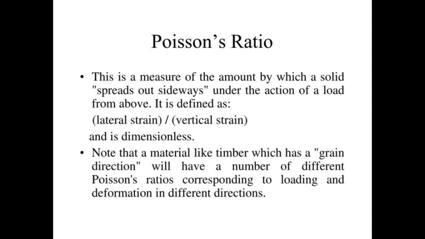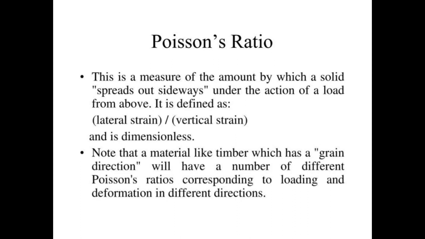The change of deflection in terms of diameter or depth is named lateral, whereas longitudinal indicates change of deformation in length. So lateral indicates change in diameter, breadth or depth.